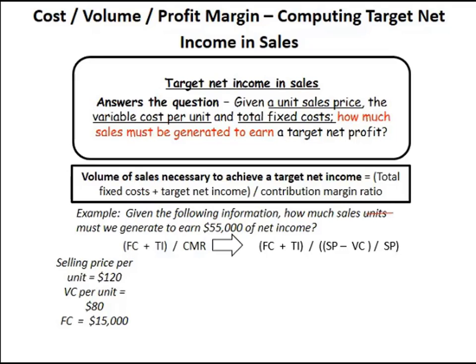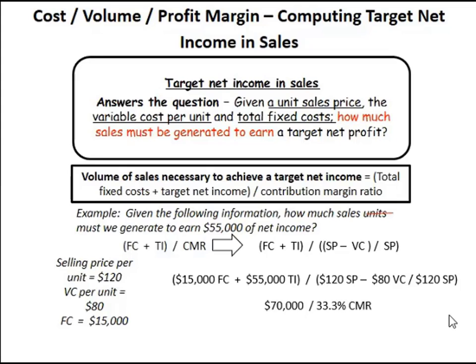So again, I can insert all the information that I have into those variables, and I'm going to end up with $15,000 of fixed cost plus $55,000 of target income, and I'm going to divide that by my $120 selling price minus my $80 variable cost, and there should be a bracket between the $120 selling price and the $80 variable cost, just so you know that. But then that quantity is divided by my $120 sales price.